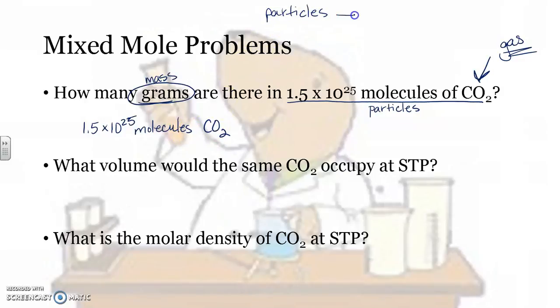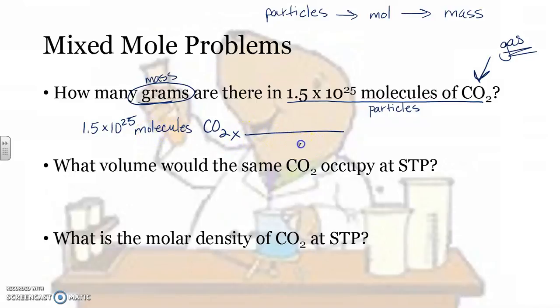Whenever in doubt, go to moles. And from moles, can I go to mass? Yeah, I sure can. I can just use my molar mass to get from moles to mass. So there's nothing new going on here. This is the same thing that you've been doing this whole time, from grams to moles, or from particles to moles, or moles to particles. All right, so set up the problem.